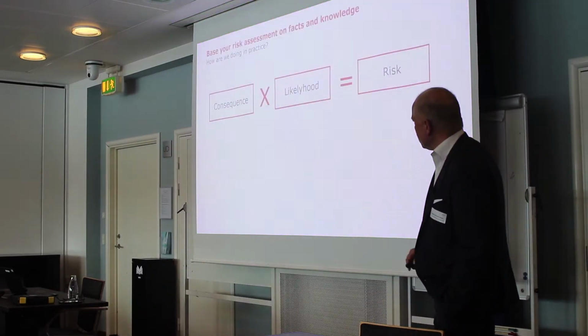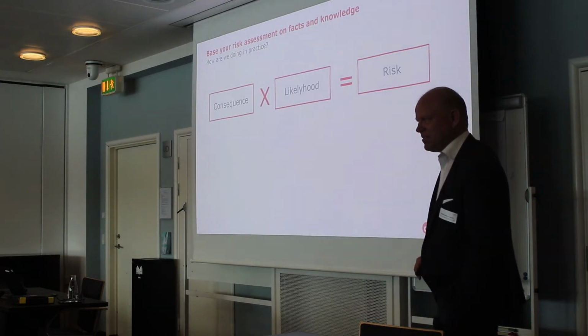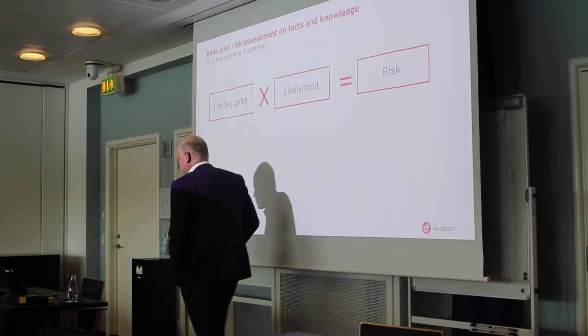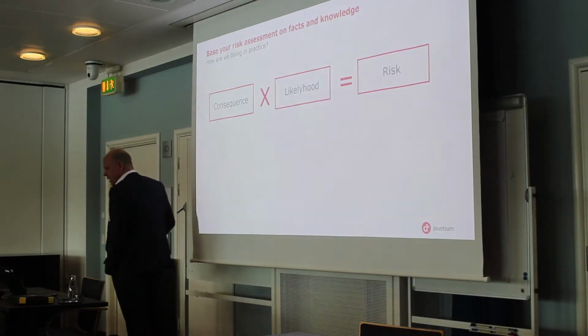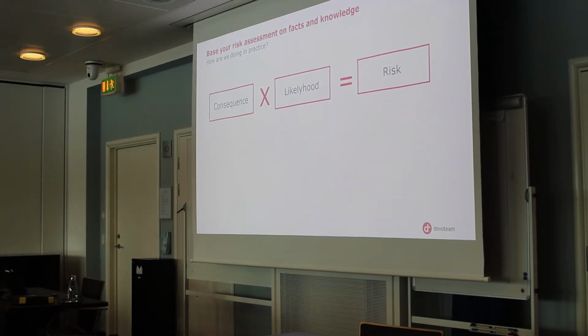Anyone ever seen something like this? Consequence and likelihood is risk? Sure. So what's the likelihood of a cyber attack on your system? And people will say 3. And I would say, how do you know? And I don't know. But it's probably not 5 or 1.